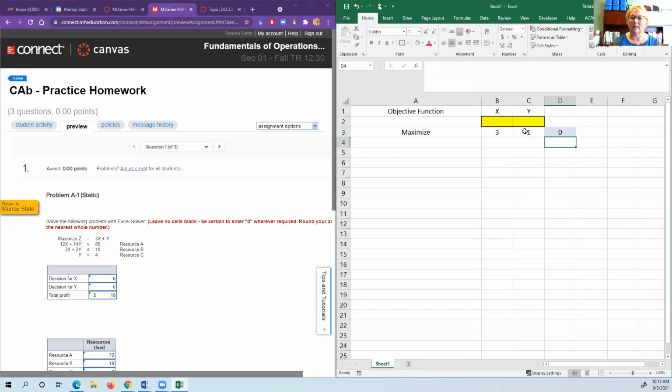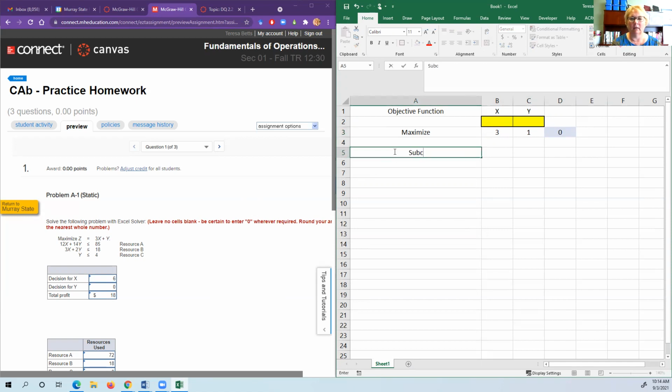What SUMPRODUCT does is it takes cell B2 times cell B3, and then adds to it the product of cell C2 times cell C3. Again, when we say we want to maximize the objective function, this is where the value of that, when we have our final solution, comes into play.